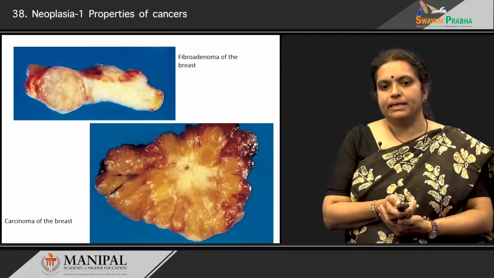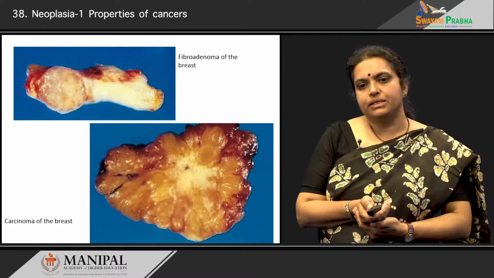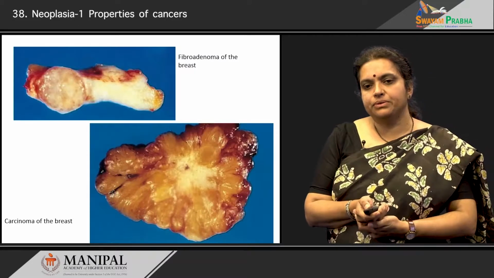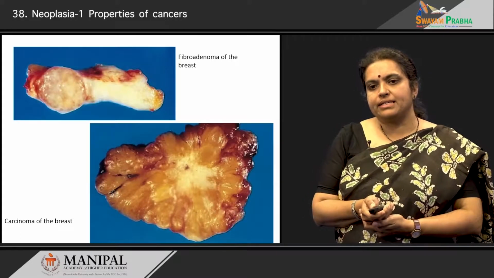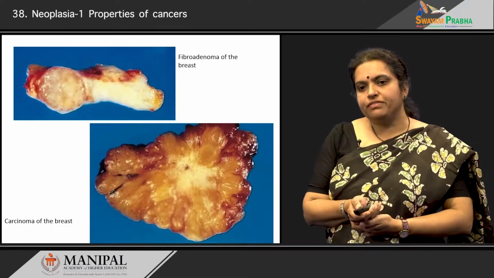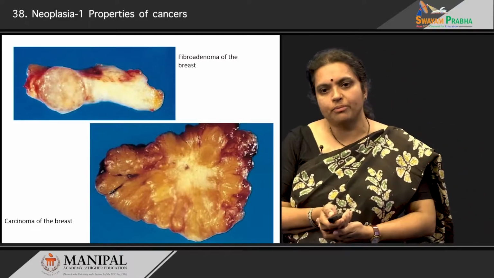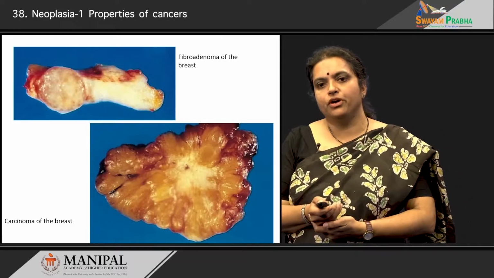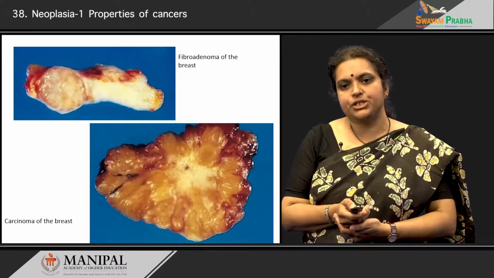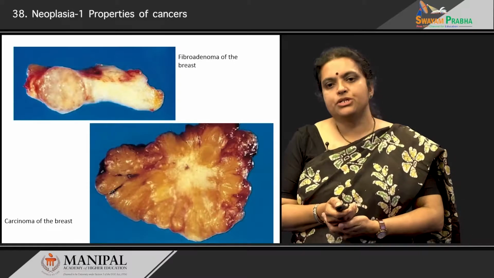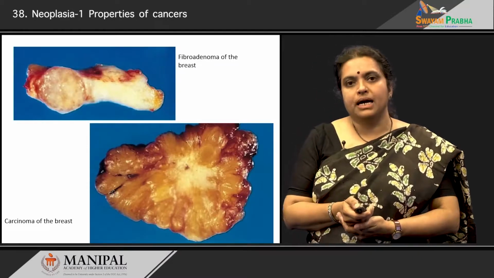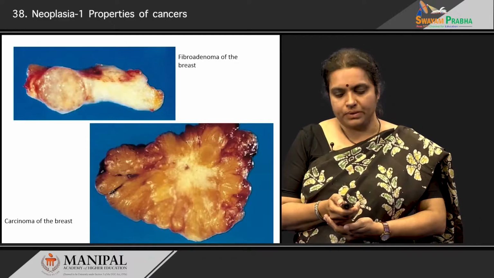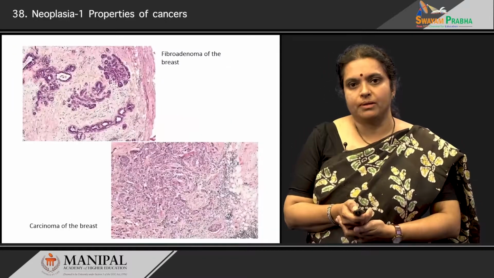Whereas, in the lower panel you can see a carcinoma, with central scar-like tissue and very ragged borders infiltrating into the surrounding stroma, and the surgeon has removed a whole lot of normal rim of breast tissue in order to get a clearance to remove this tumor. Clearly you can see the way it is infiltrating into the surrounding tissue.